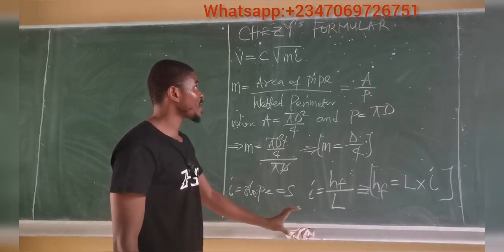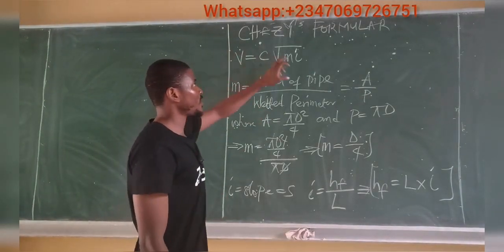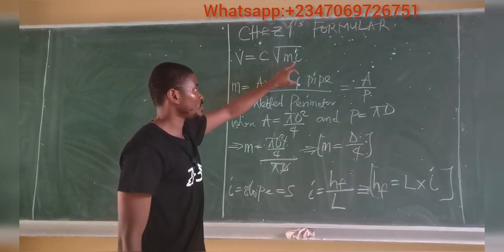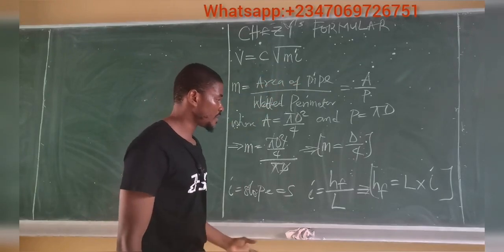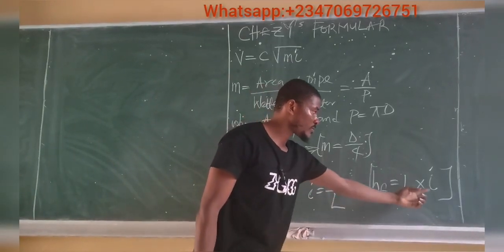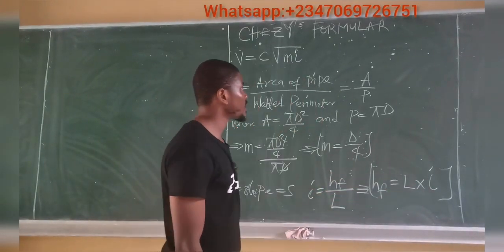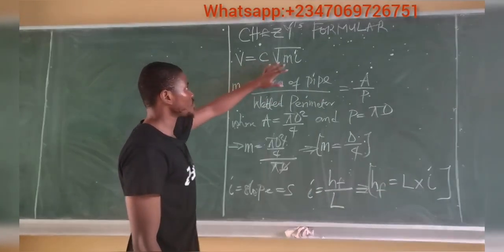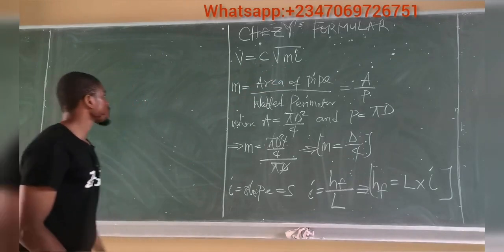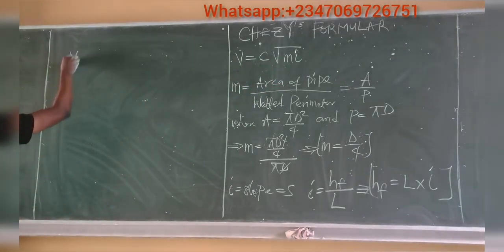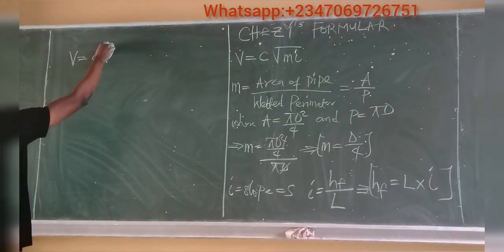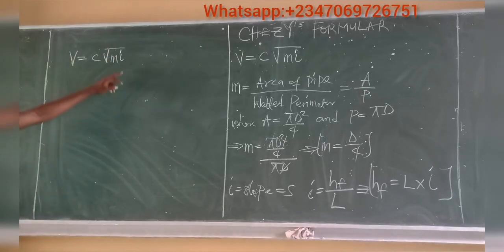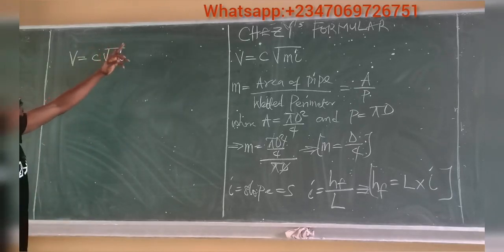So the whole attempt is, from this formula, you make I the subject of the formula, then you can find HF using length times I. But how do you make I the subject? If I have velocity equal to C root MI, and I want to make I the subject, I need to first remove the square root.